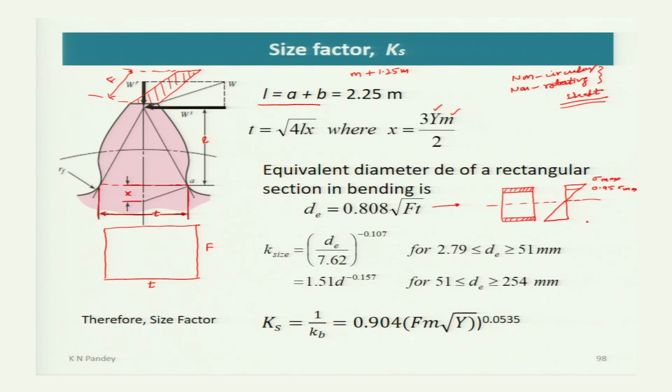This is for the case where this cantilever beam is subjected to this type of load. Well, now this area was compared with the rotating beam, meaning a circular cross section subject to rotating bending. When it is subjected to rotating bending, the bending stress equal to or more than 95% of the maximum stress will be this annular ring.